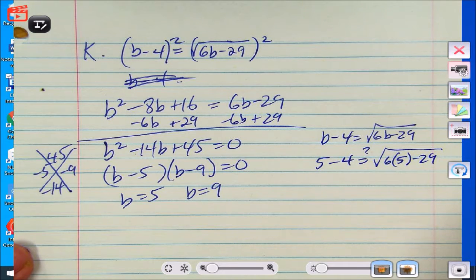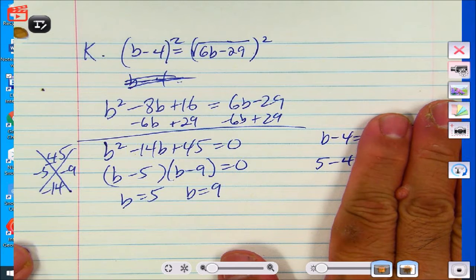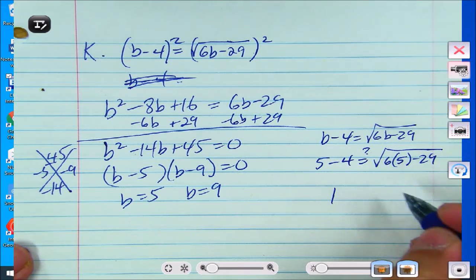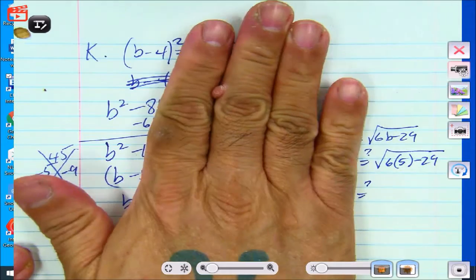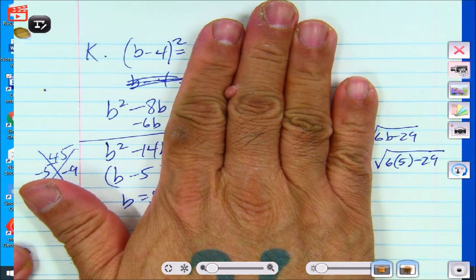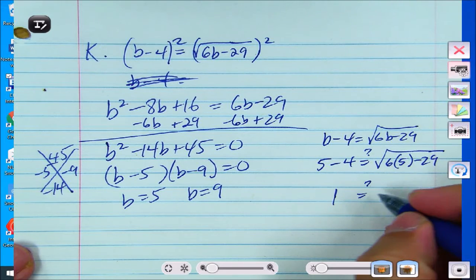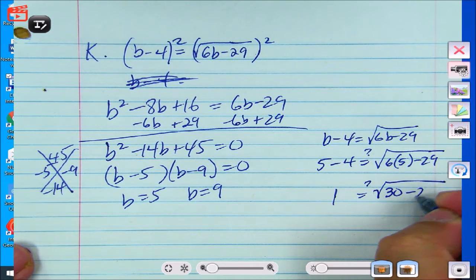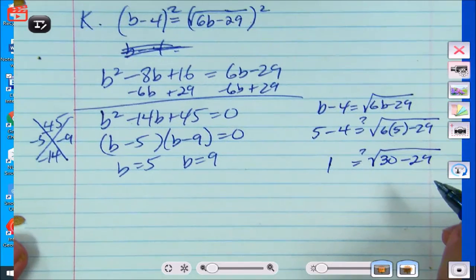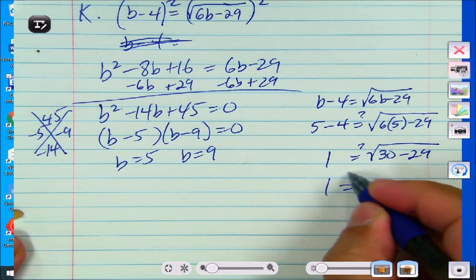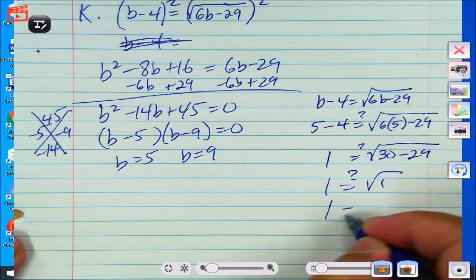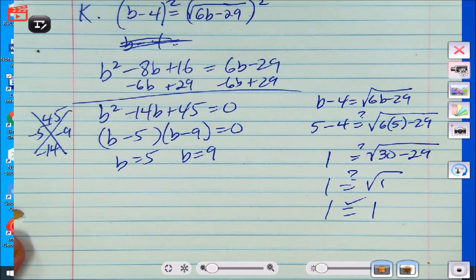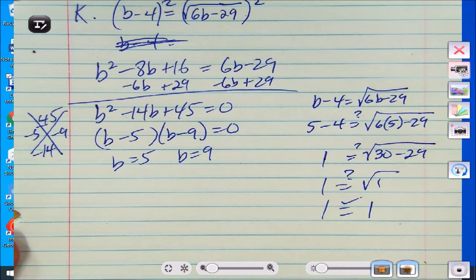When I say put it in your calculator, put it in one side at a time. Put 5 minus 4 in, that's going to give you a 1. Put square root of 6 times 5 minus 29 in. I'm going to show all my steps here. 6 times 5 is 30 minus 29 is 1. Is 1 equal to square root of 1? Yes. So 5 works.